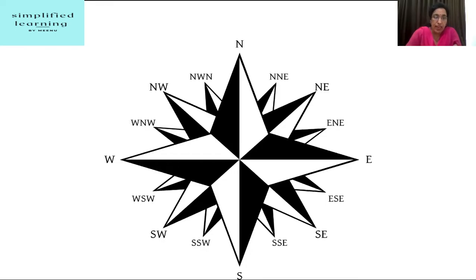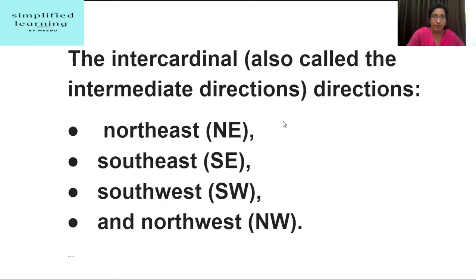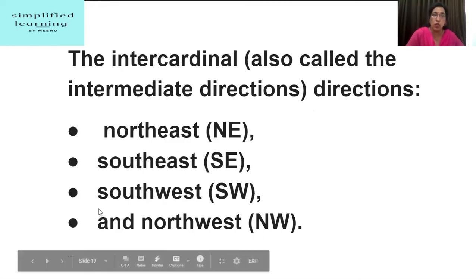So the places lying halfway between north and east have a northeast direction. Similarly, places lying halfway between north and northeast will have a north-northeast direction. Clear? So we call them intercardinal directions or intermediate directions, which are northeast, southeast, southwest, and northwest.